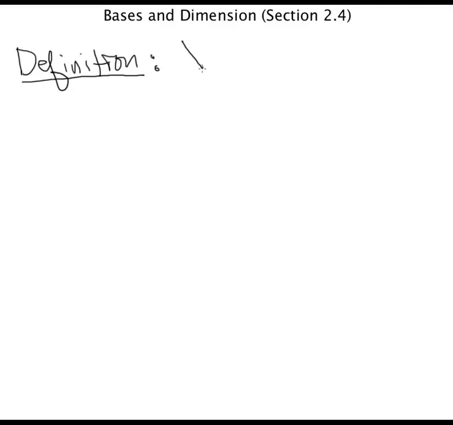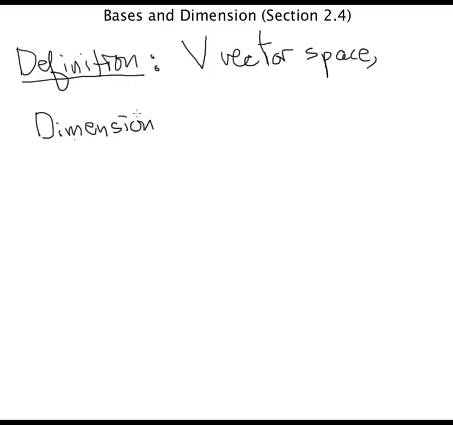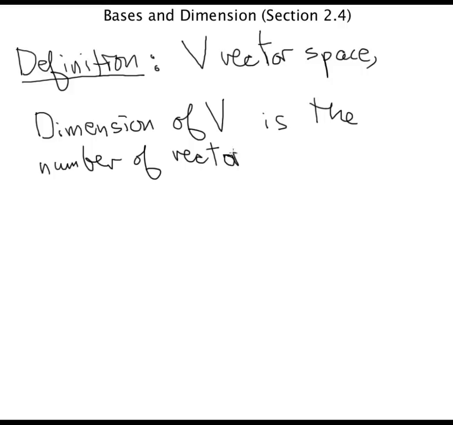If V is an abstract vector space, then the dimension of V is the number of vectors in a basis of the vector space. So that's a bit of an abstract definition. You have an abstract vector space. The dimension is the number of vectors in a basis.